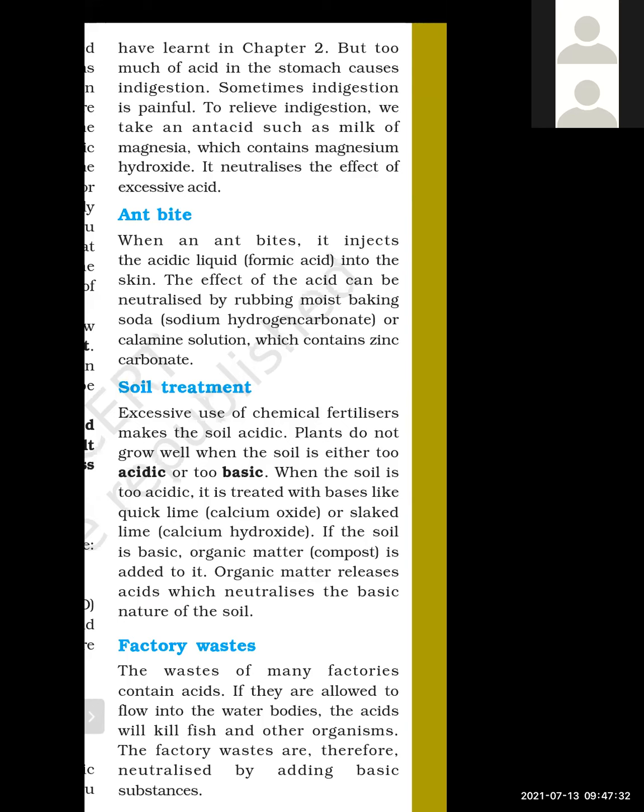But if the pain is excessive, then we go to the doctor, and the doctor gives us a medicine that is basically milk of magnesia, magnesium hydroxide, a basic substance. So acid plus base will form salt plus water, and that salt is a neutral substance. It is not acidic, it is not basic.